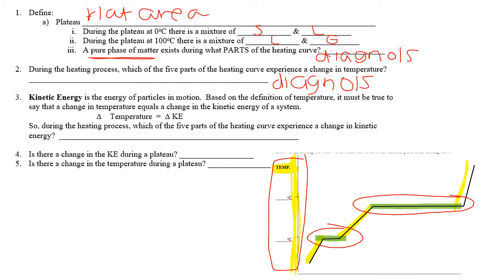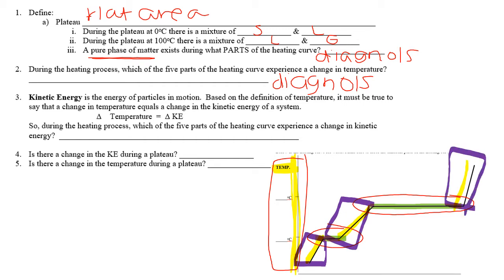Number 3. Kinetic energy is the energy of particles in motion. Based on the definition of temperature, which you learned yesterday in your Nearpod, it must be true to say that a change in temperature equals a change in the kinetic energy of a system. So during the heating process, which parts of the heating curve experience a change in kinetic energy? Well, we just said in number 2 that the diagonals get a change of temperature because they are having a change in their y-axis.